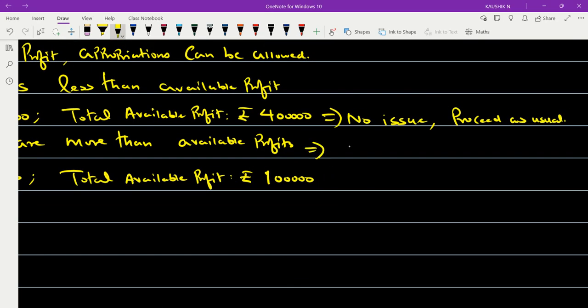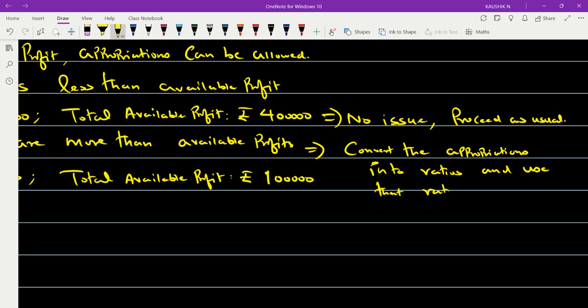In this case, convert appropriations into ratios and use that ratio to distribute the available profits.